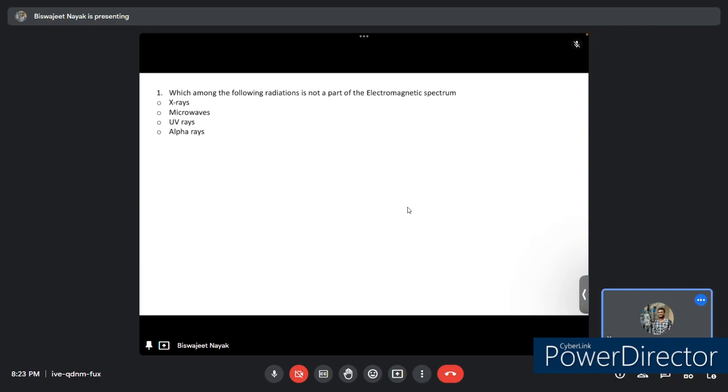So, which of the following is not a part of the electromagnetic spectrum? In the electromagnetic spectrum, what kind of radiations do we usually get? At higher frequencies we get gamma rays, and then we get X-rays, and these are overlapping.